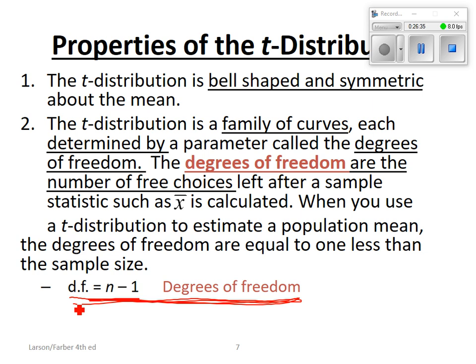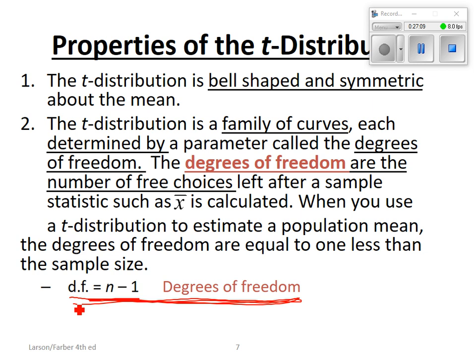The t distribution is a family of curves. And what it does, it looks like this. And this is going to be on the PowerPoint later on in a second. So you've got your normal curve. If I can draw a fairly decent looking normal curve, your normal curve looks something like that. The t distribution actually looks like this. And it's not just one curve, it's a family of curves.